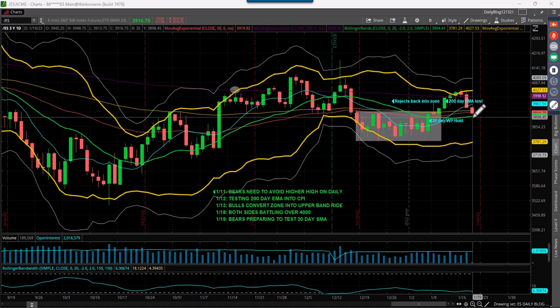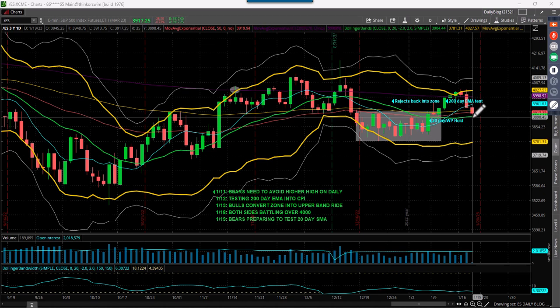If it's trading between the middle band and the upper band, that's a buy dips tape. If it's trading between the middle band and the lower band, that's a sell rallies tape, typically. I mean, don't operate your entire existence based off that, but that certainly is a baseline consideration.